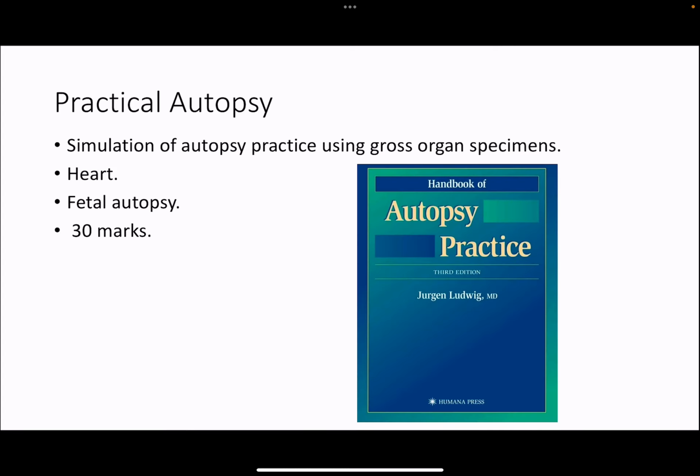In our college, our faculty suggests we read for autopsy, which comes under the practical exam. It carries 30 marks and it is very standard. 30 marks are stable marks. We simulate the autopsy atmosphere using gross organ specimens.